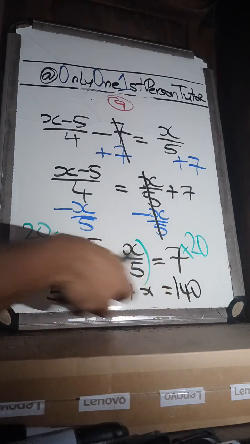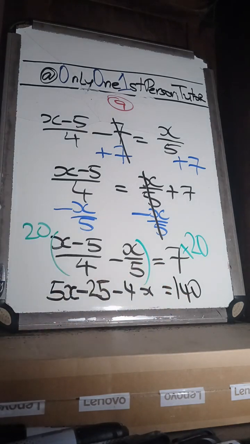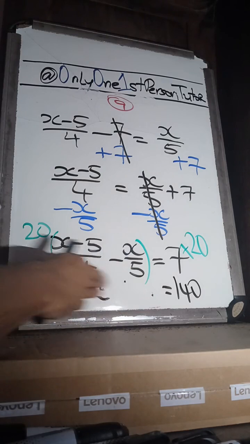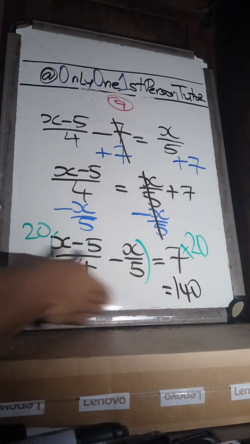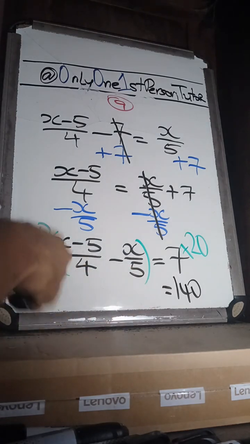And then birds of a feather, 5x minus 4x. We're just left with x minus 25, or 1x minus 25, which is the same as x. So we have our x minus 25.